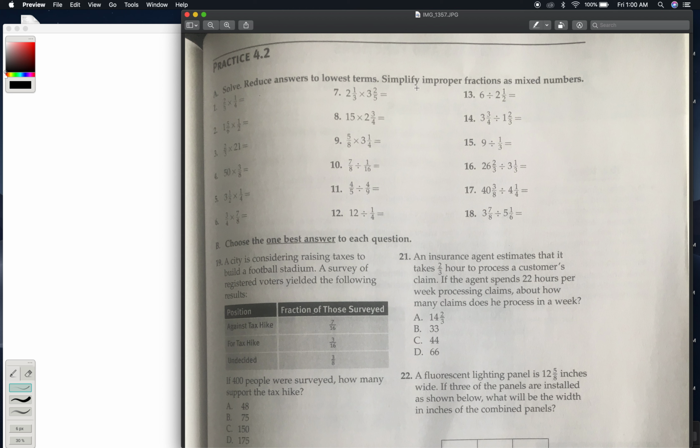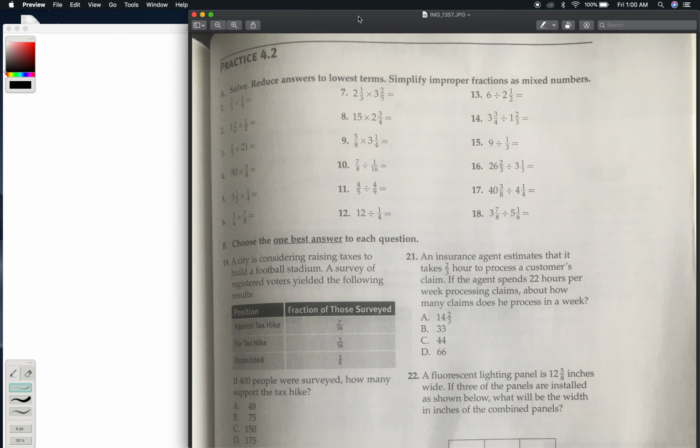So let's start on this multiplication. I'm not going to do all of these, I'm going to do about 4 of them. I'll probably go this way just so we get a variety instead of going in order.